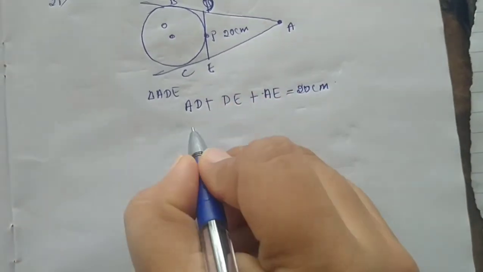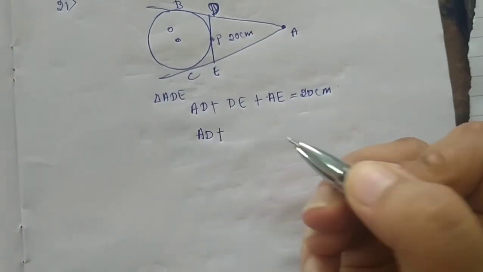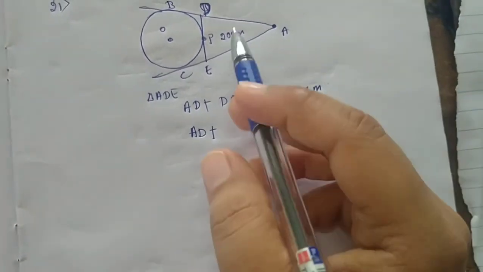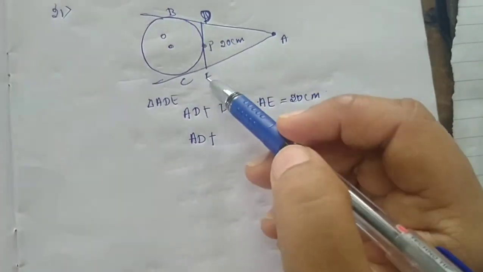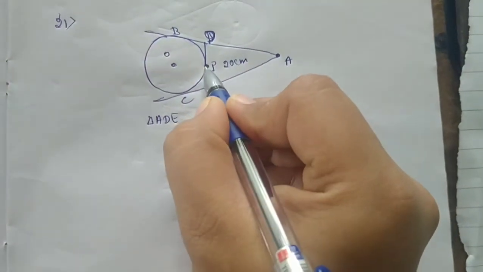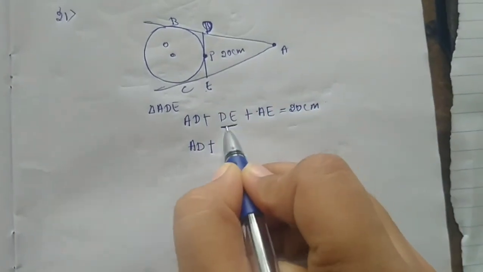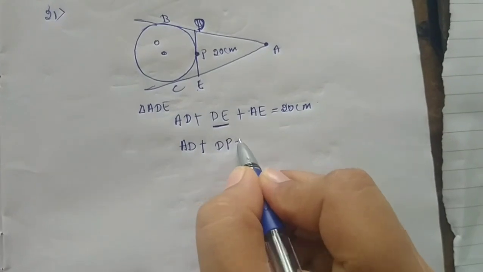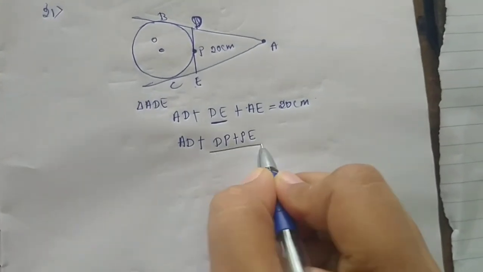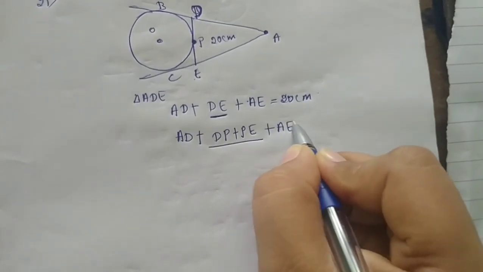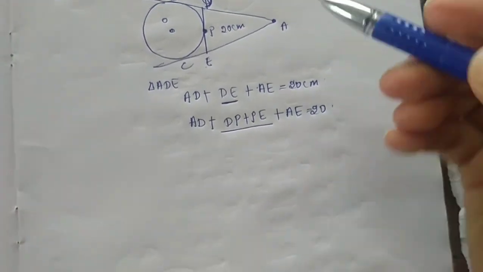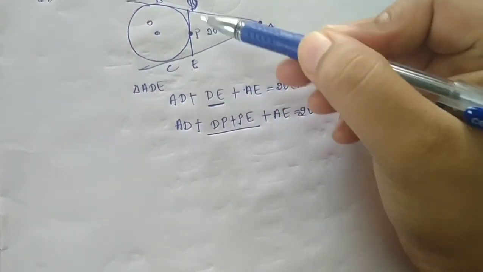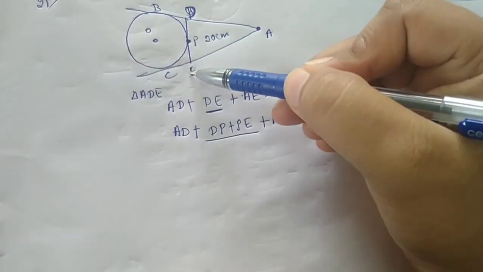Now AD plus DE, and here P is the midpoint, so DE can be written as DP plus PE, plus AE is equal to 20. In place of DE I have written DP plus PE.